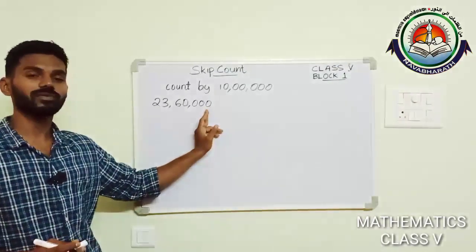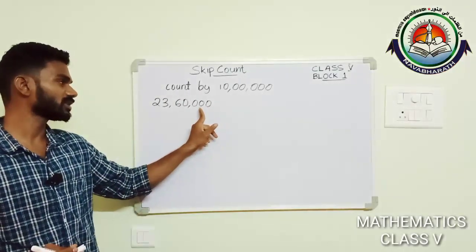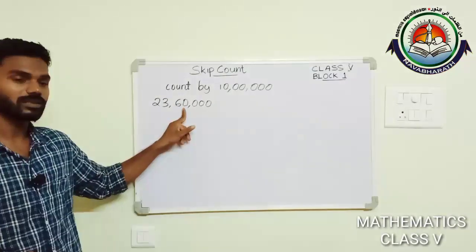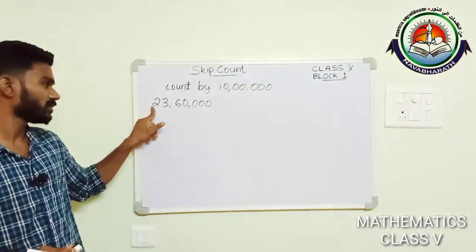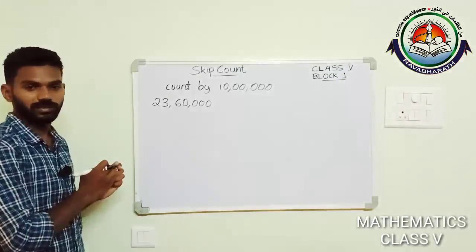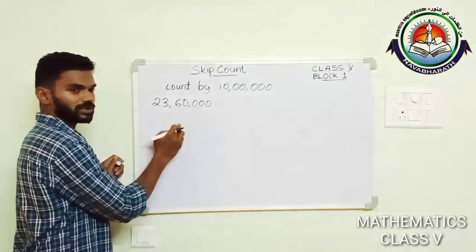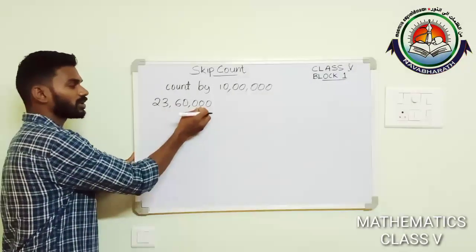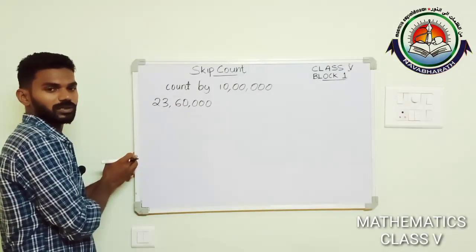First of all, start from the rightmost end. Ones, tens, hundreds, thousands, 10,000s, lakh, 10 lakh. So this is 23 lakh. How many thousands? There are 60 thousands. There are no other digits other than 0.